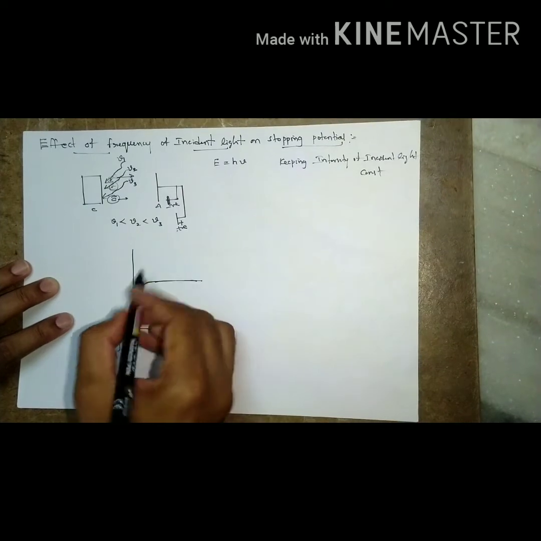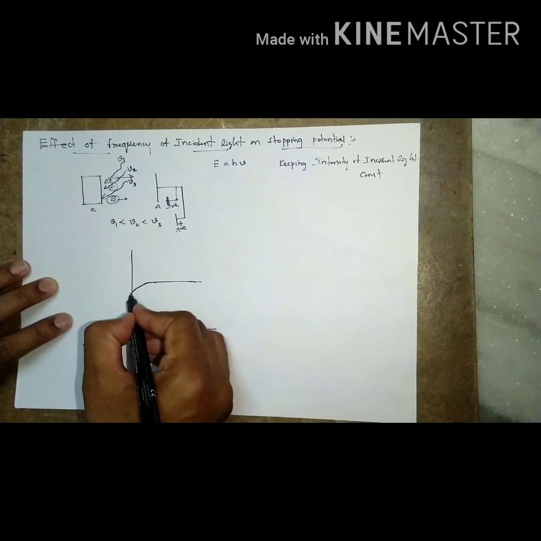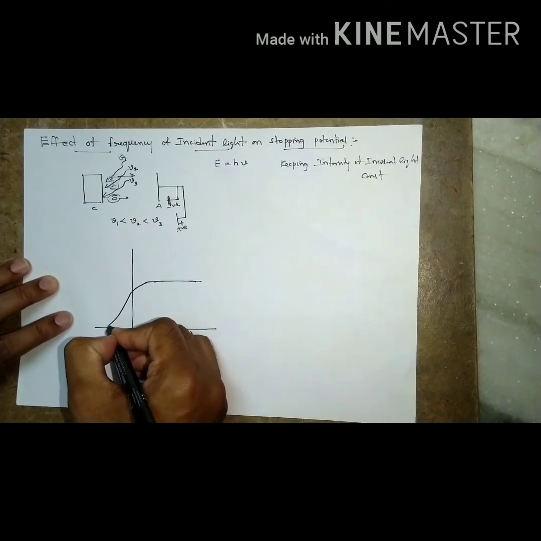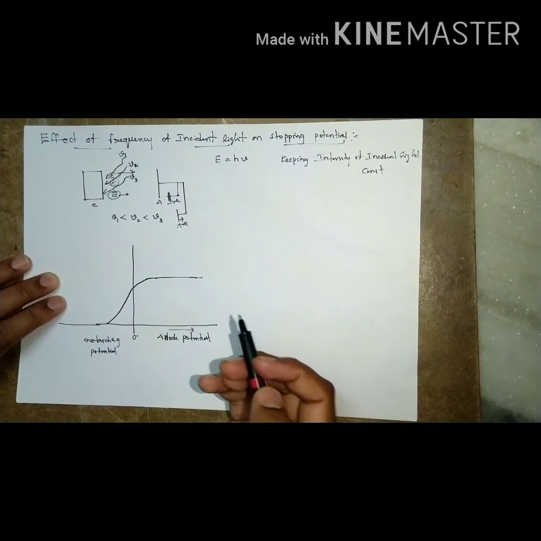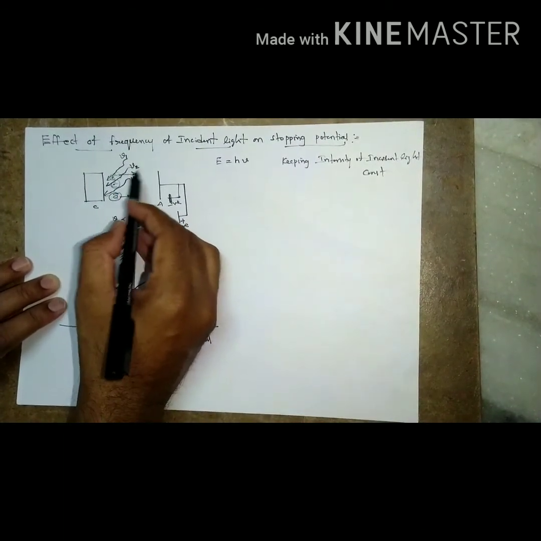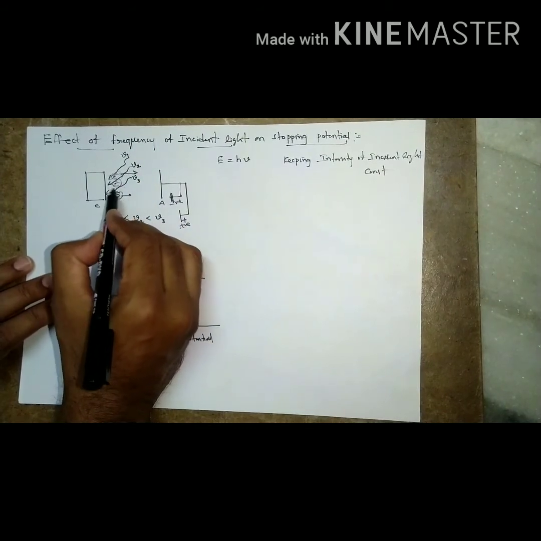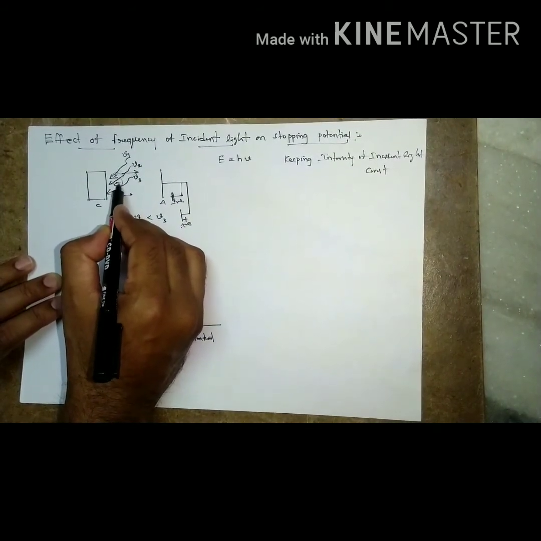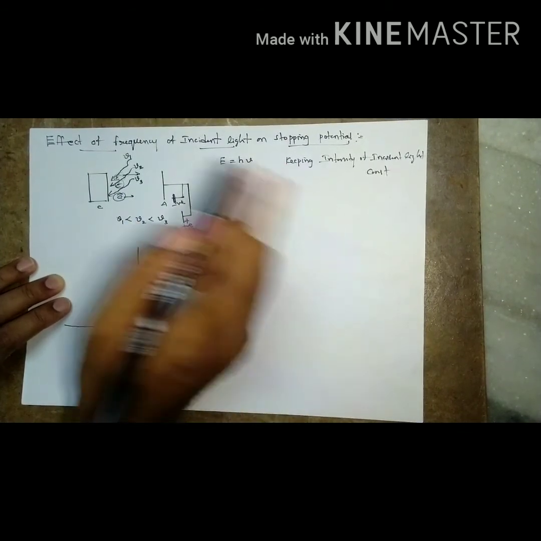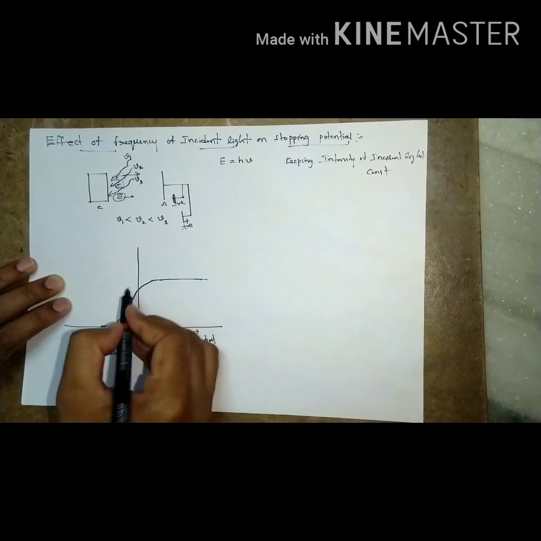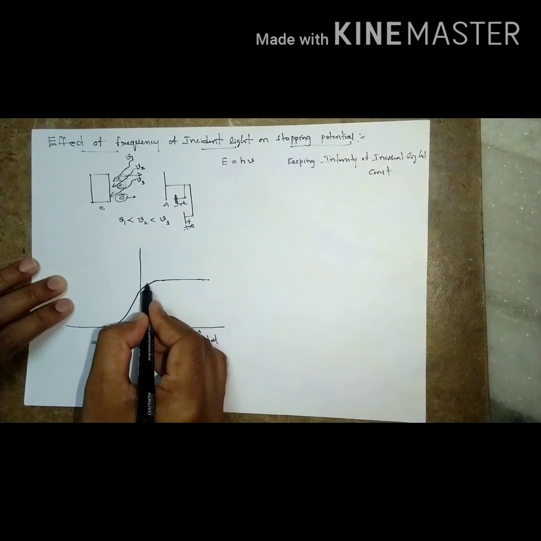For the first light, the frequency is very small, so its stopping potential is very small. For the second light, the frequency is more, so the ejected electron kinetic energy is more, and more energy is required to stop this electron.